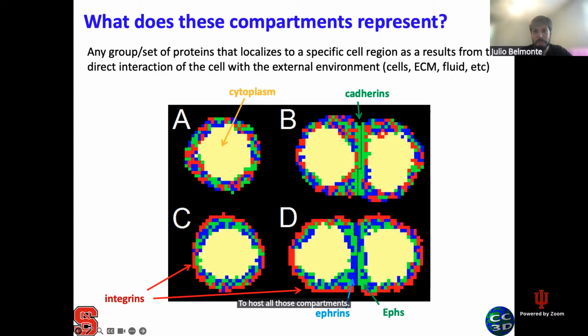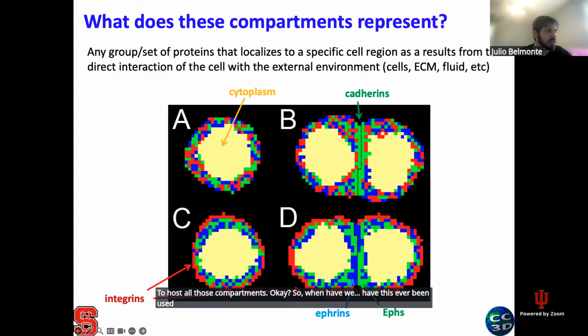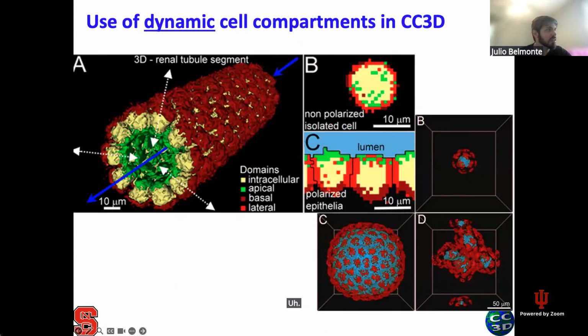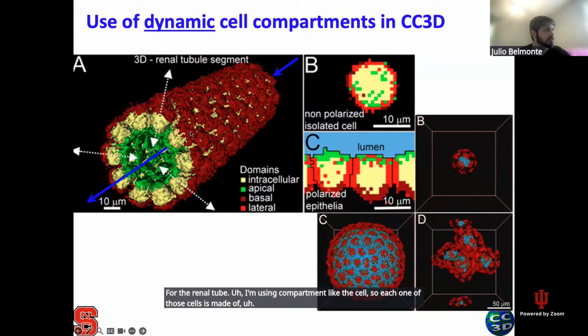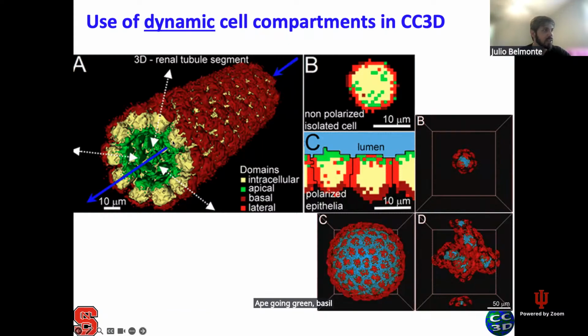So has this ever been used in CompuCell3D? Yes, a few times. I mentioned that before in this model that I did for the renal tubule. I'm using compartmentalized cells, so each one of those cells is made of apical in green, basal in dark red, cytoplasm in yellow, and a red lateral compartment.